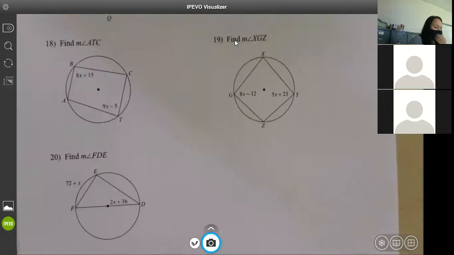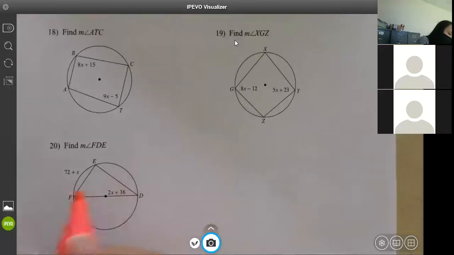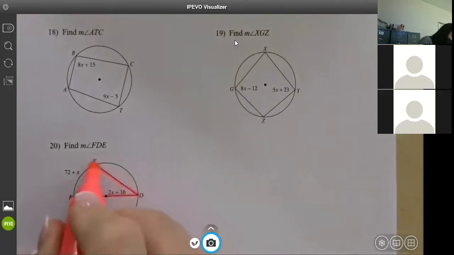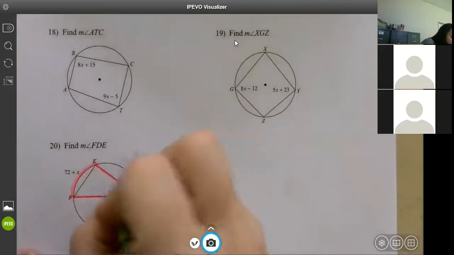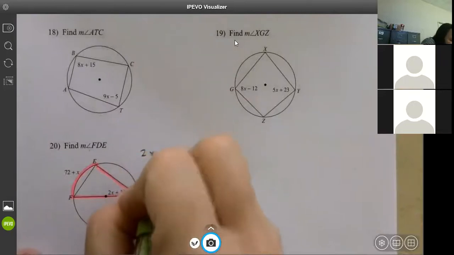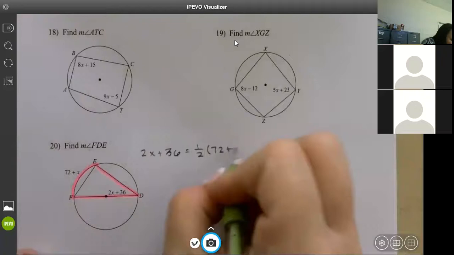All right, look at number 20. We have that inscribed angle. We have the arc, so this one's really easy. This time, all you're doing is instead of finding x, you're plugging in for the angle. So don't feel like you're doing anything any different. So we're going to do the angle, 2x plus 36 equals half of the arc.